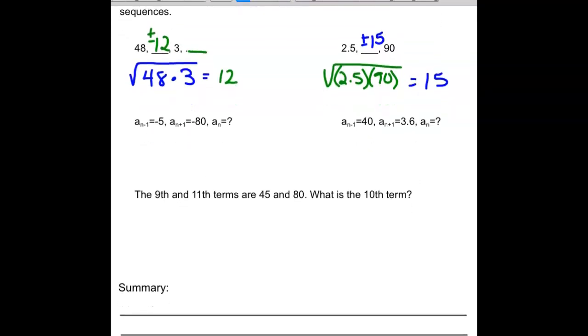All right, next one, it says a sub n minus 1 is negative 5 and a sub n plus 1 is negative 80. We are looking for a sub n. The previous number is negative 5. The number after the nth term, the n plus 1th term, is negative 80. So again, we're looking for that middle number. So we square root negative 5 times negative 80.